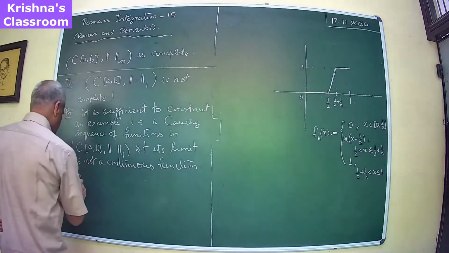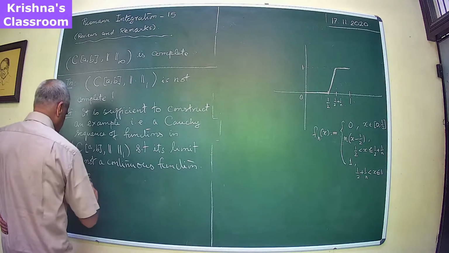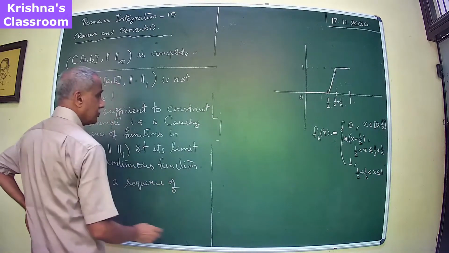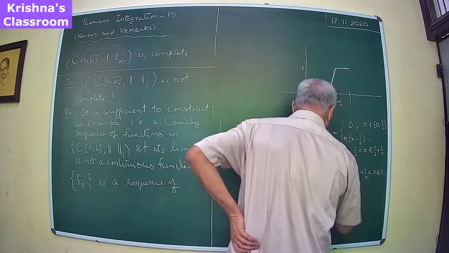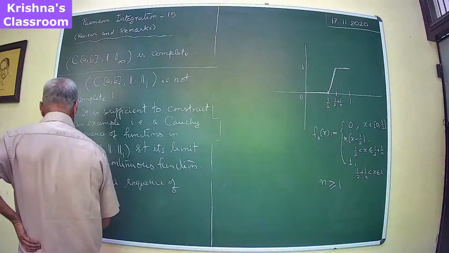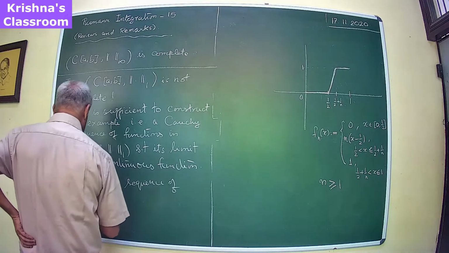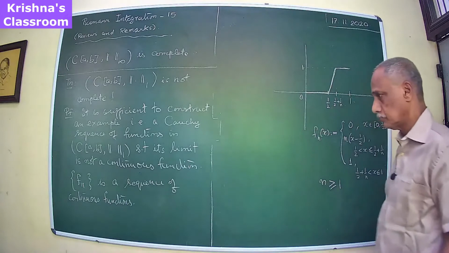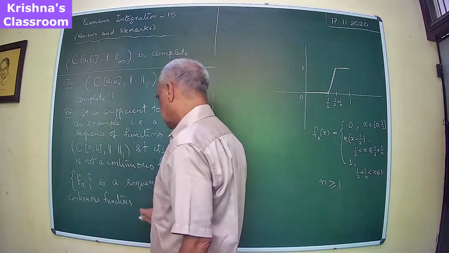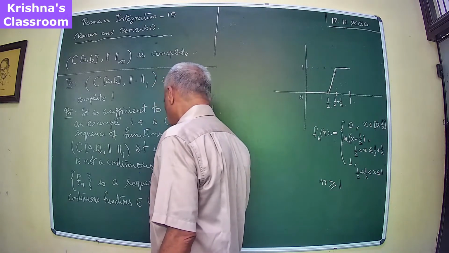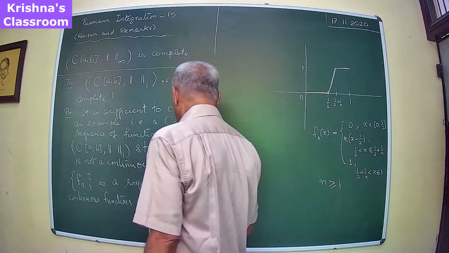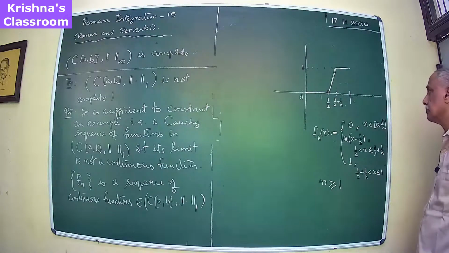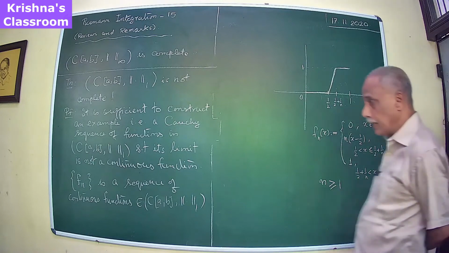So f_n, for n greater than or equal to some n, is a sequence of continuous functions belonging to this space. Now, what I claim is that this is a Cauchy sequence.